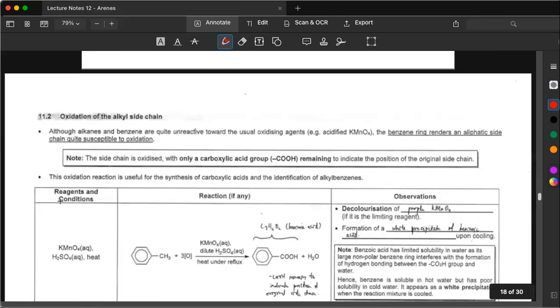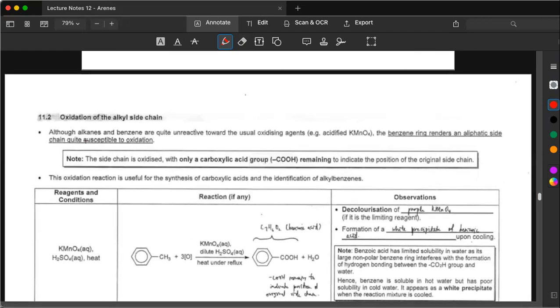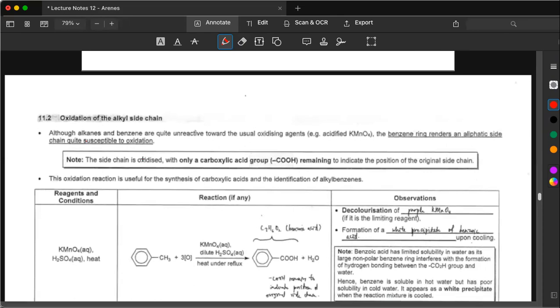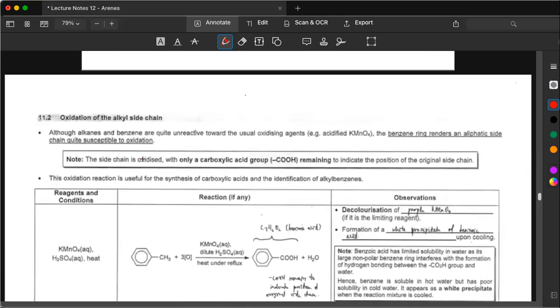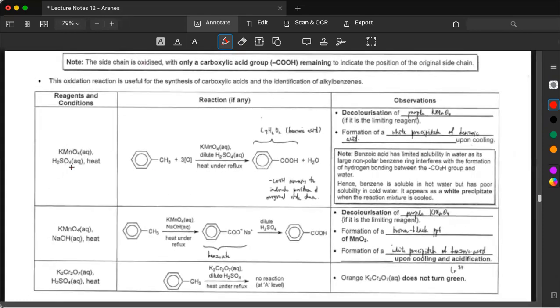Now, the benzene ring renders the aliphatic side chain quite susceptible to oxidation. So the side chain can be oxidized and only a carboxylic acid remains to indicate the position of the original side chain. For example, if you have these reagents and conditions which you're very familiar with, you can actually change methyl benzene to benzoic acid.